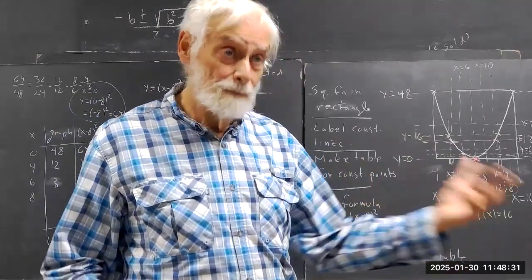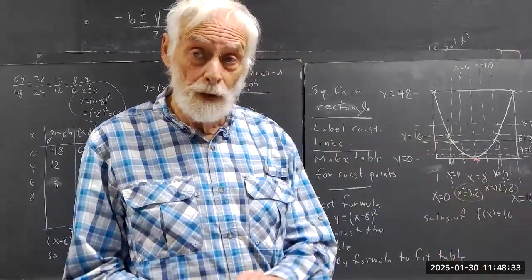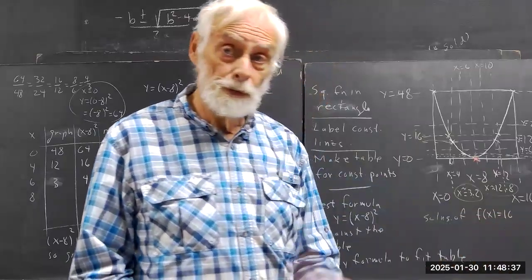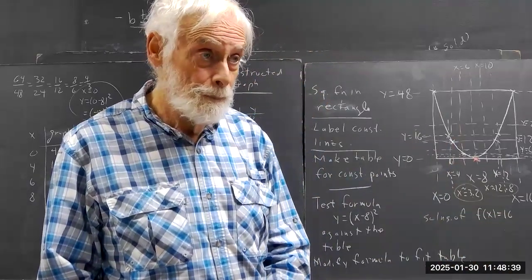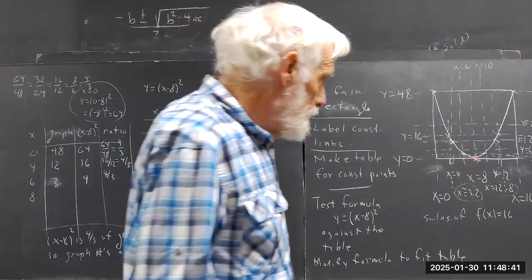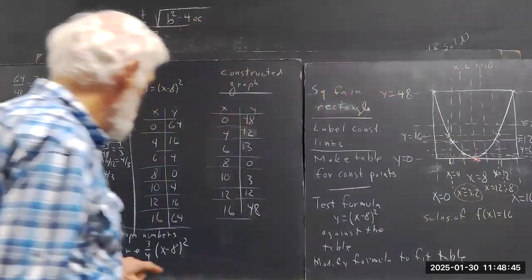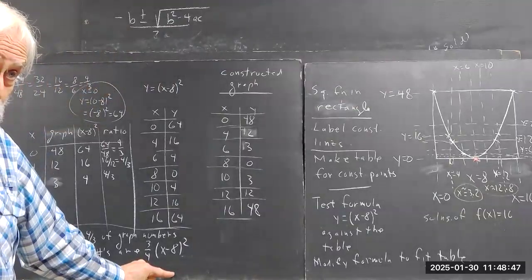You've done these estimates. Everybody familiar with what we do there? They estimate the solution of an equation, f of x equals 16. Right? Now we know that f of x is 3/4 of x minus 8 squared, right?